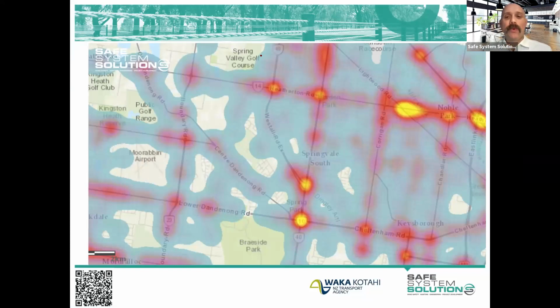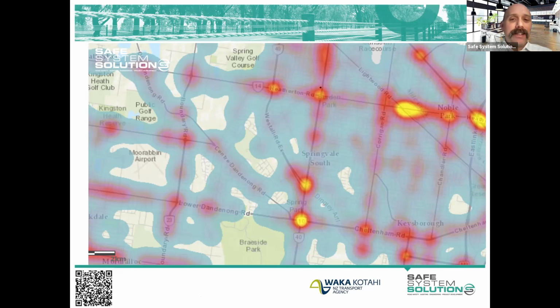But there's this little issue we've got, and I grabbed this heat map off our system of fatal and serious injury crashes over a 10-year period. I used outer metropolitan Melbourne, but I could have done this for outer metropolitan Auckland or Hamilton or pretty much any city out there.